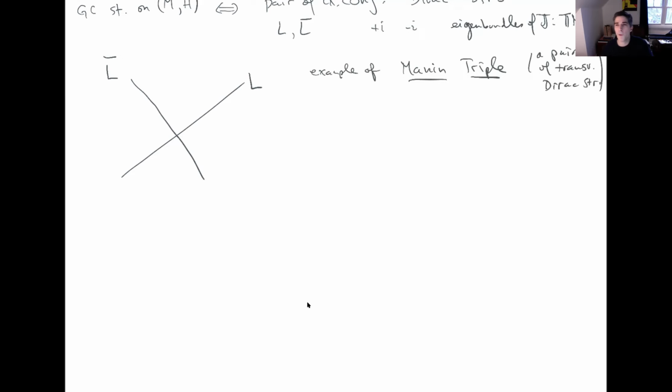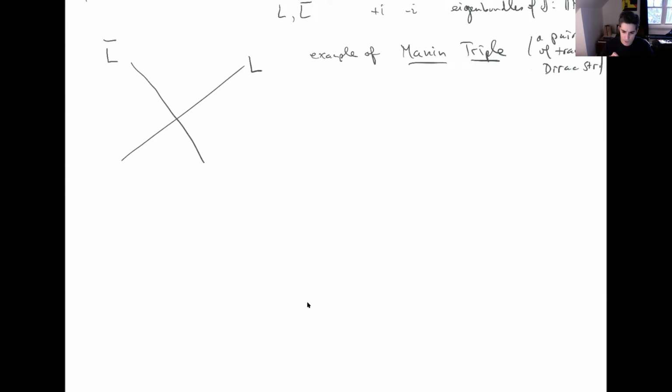It's a really important type of structure. Like I said before, having a Dirac structure is like having a foliation, and having a pair of Dirac structures is like having a pair of transverse foliations. Anyway, let me explain what happens here in this case.